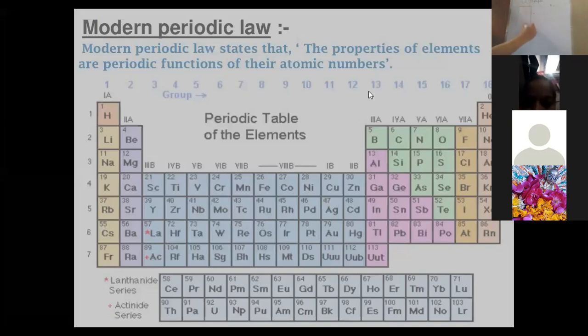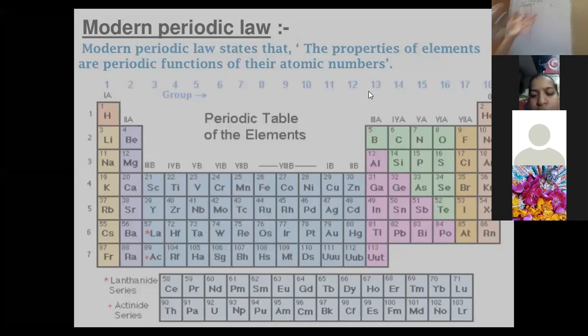So this anomaly of hydrogen in Mendeleev's table was removed in the modern periodic table, because certain color schemes are used just to indicate that they are special atoms. For example, hydrogen has been separated, although it has been placed in group number 1, because its valency is 1.